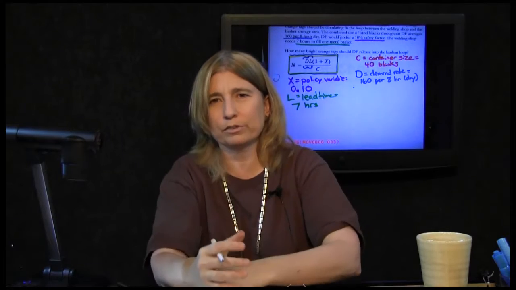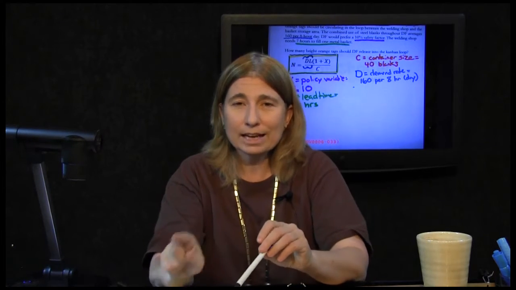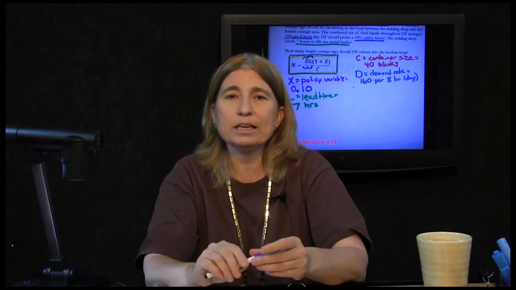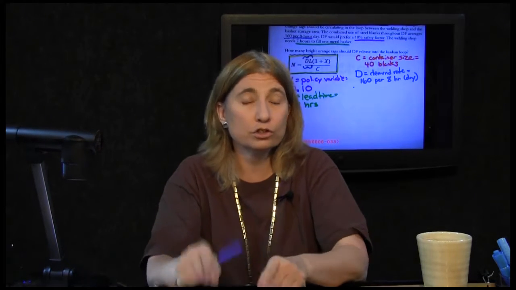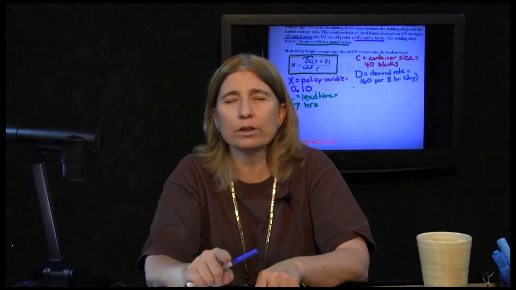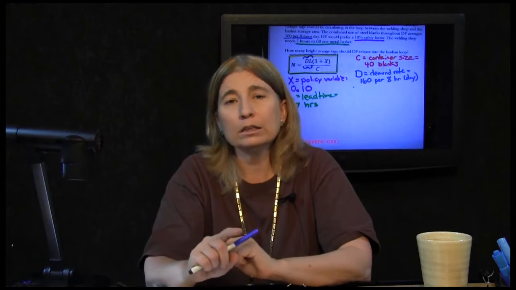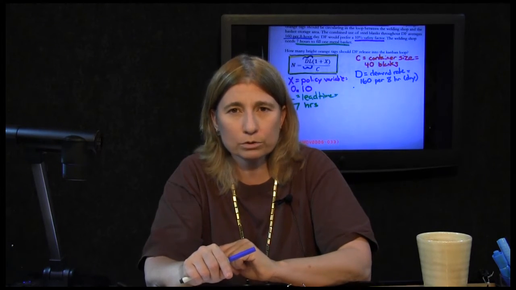D and L. That's why I'm putting brackets around them. To get a rational answer out of this formula, D and L need to be speaking of the same time interval. That's why I said don't write 160 yet, because D equals 160 was per 8-hour day. L equals 7 was just plain old hours.